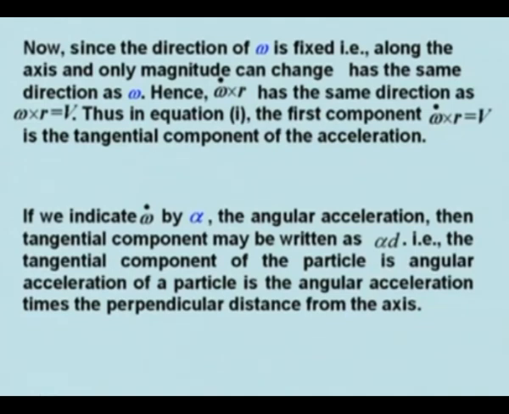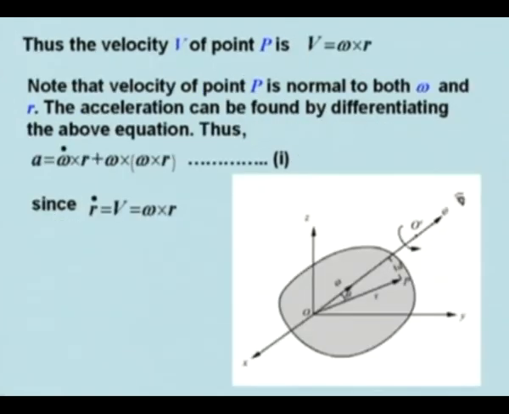Now since the direction of omega is fixed, because we are discussing the case in which the axis of rotation is fixed, only the magnitude can change. So omega dot has the same direction as omega.